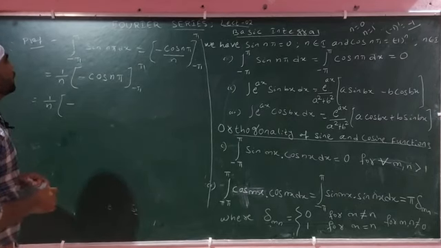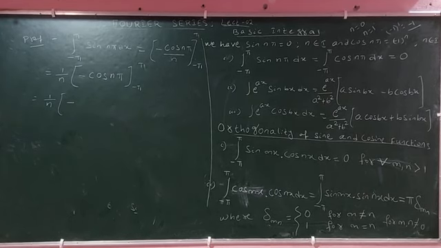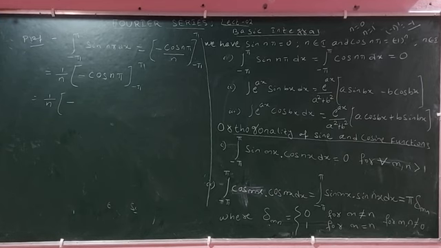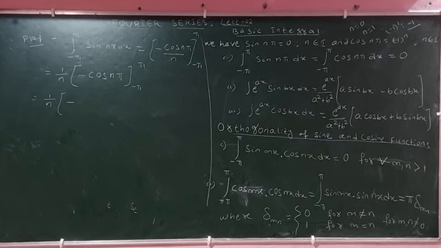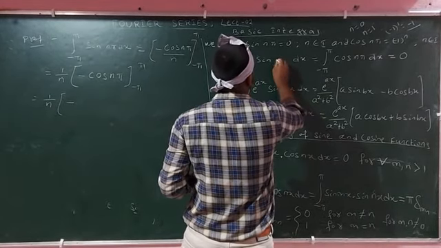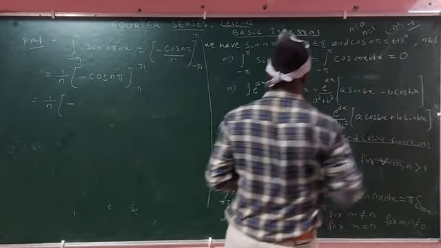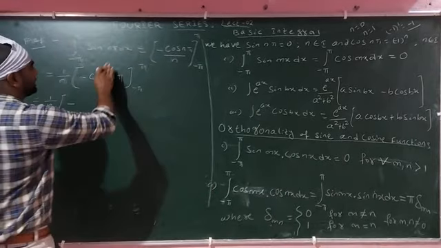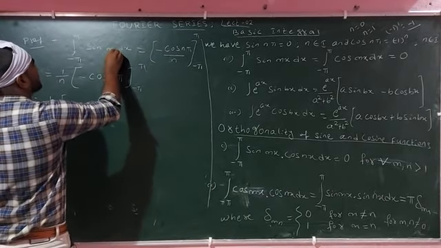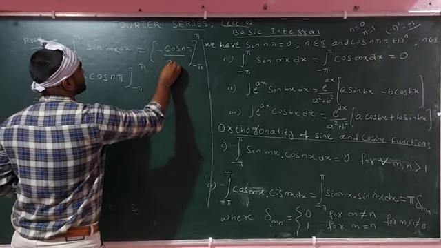Here we have used some basic integrations, that is the integral of sin mx dx and cos mx dx having value 0. Let us now check it. The integral of sin mx dx has value minus cos mx divided by m.